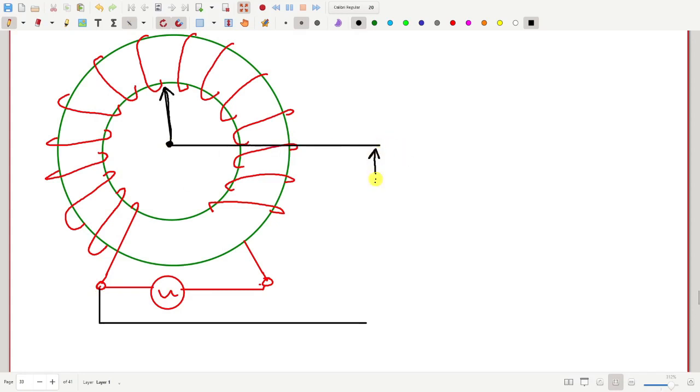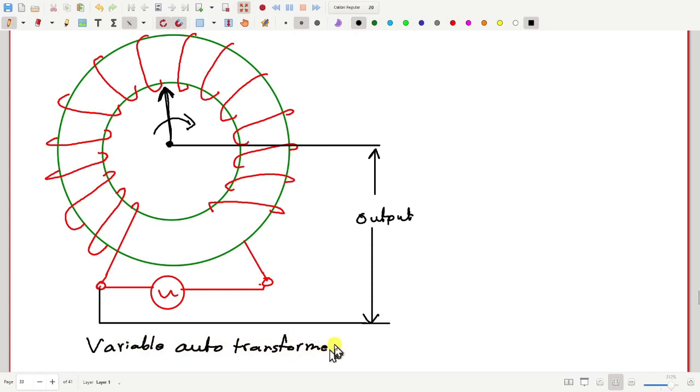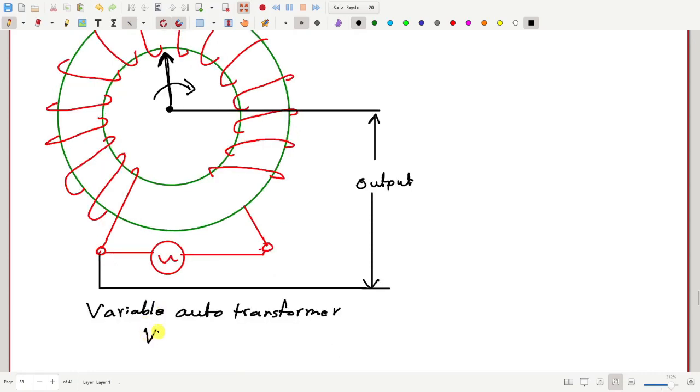So this is the output. And now I can turn this knob and connect this jockey to different places. This is almost like a rheostat. By doing this, I can get a variable output voltage as I change the knob position. So that's called a Variac or variable auto transformer. This is quite useful in the laboratory and elsewhere.